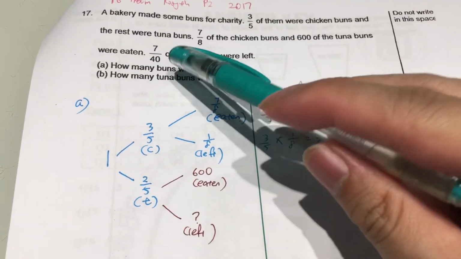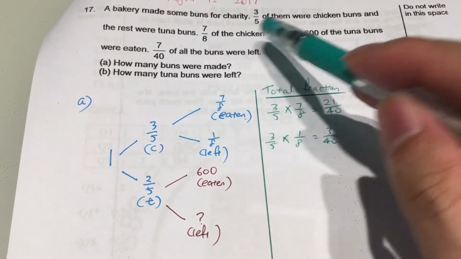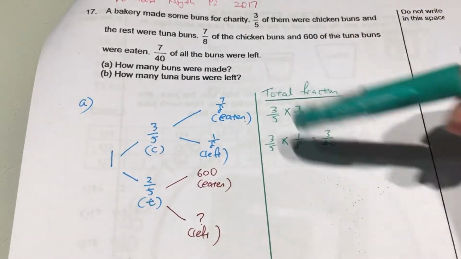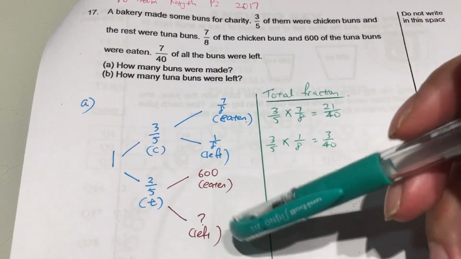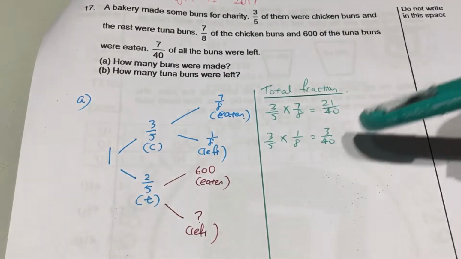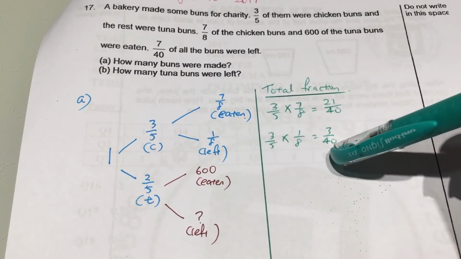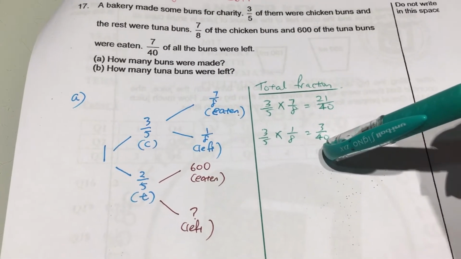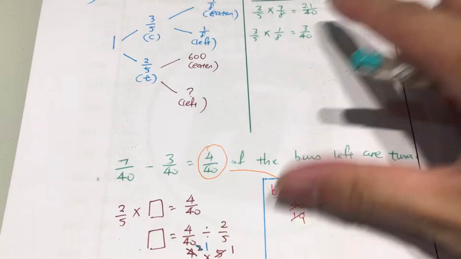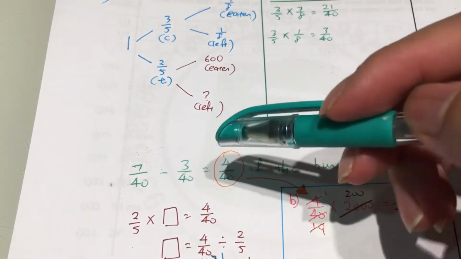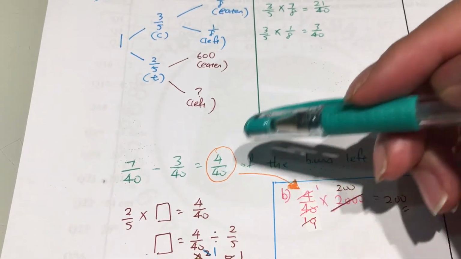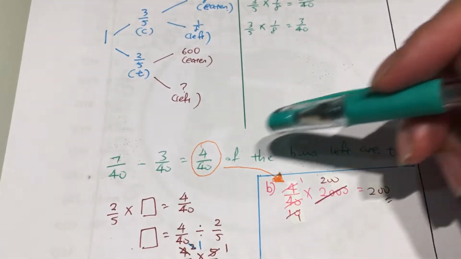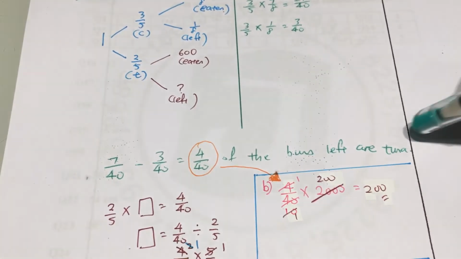Since the total is 7 out of 40, which consists of chicken buns and tuna buns left, this minus this will give you the total fraction of the tuna buns left. So 7 over 40 minus 3 out of 40 equals 4 out of 40 of the buns left are tuna buns.